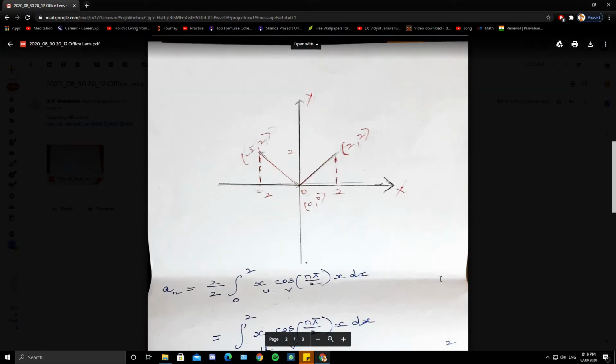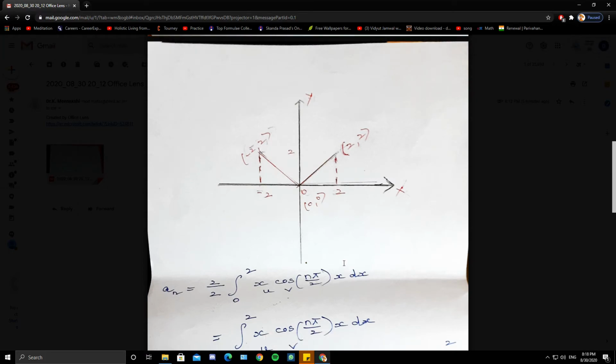Whenever the question is to find the cosine series or half range series, you should find both the sine series and the cosine series. If you have to find the sine series, it is the same as the Fourier expansion of an odd function, so the graph will be symmetric about the origin. If the question is to find the cosine series, you have the graph of f of x equals x defined in the open interval 0 to 2, and you make it symmetric with respect to the y-axis.